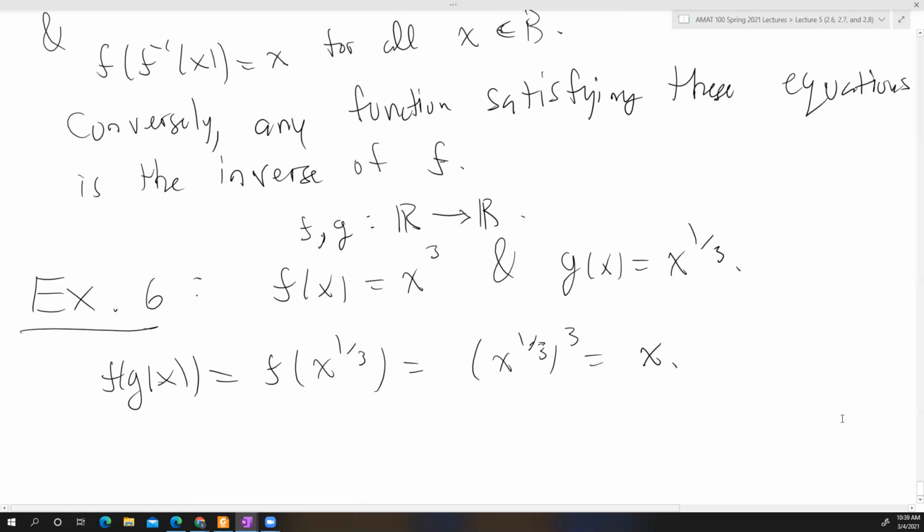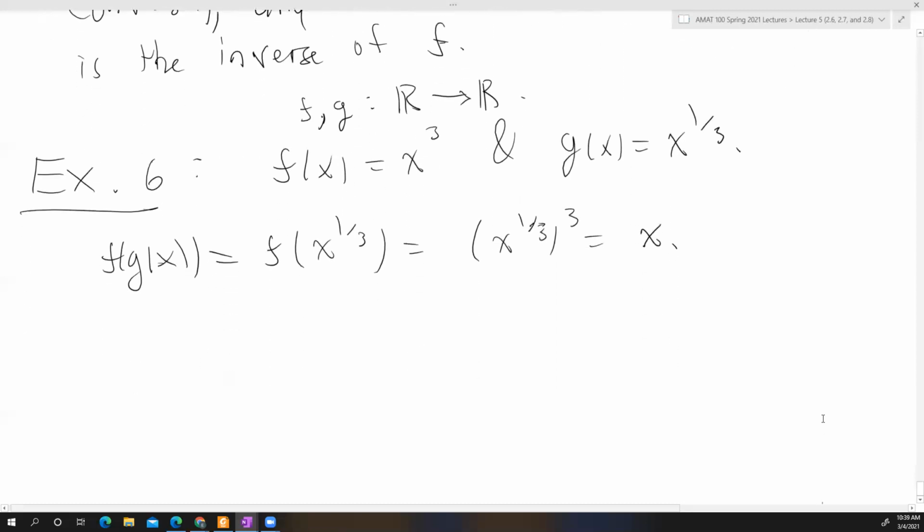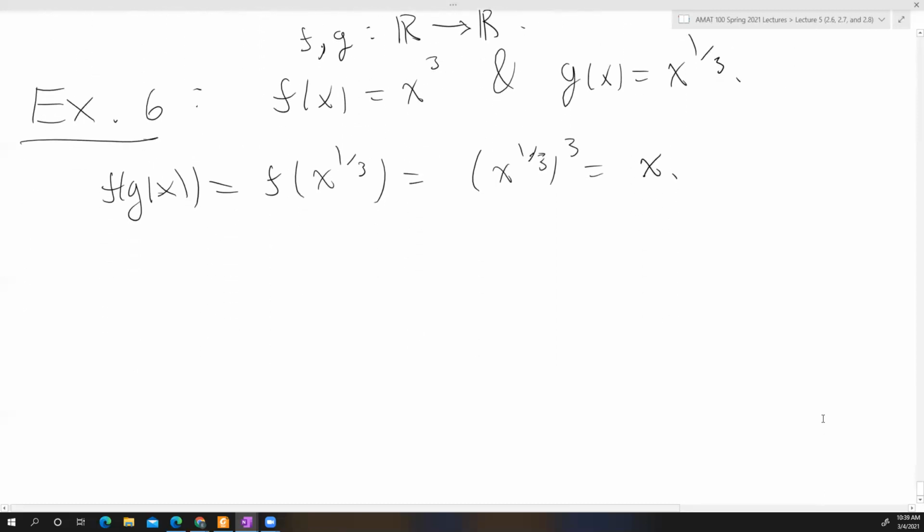Now it's not always obvious what the inverse of a function is. It might be obvious that a function has an inverse, but it might not be obvious what that inverse is. So we have a way to find the inverse of a function. Basically the idea is, I'll just write the steps down. Finding the inverse of an injective function.